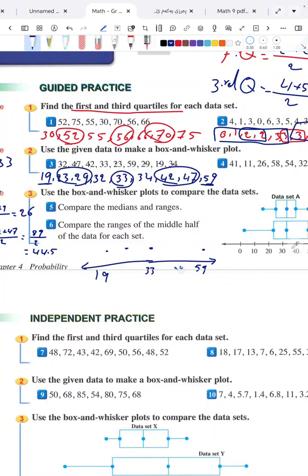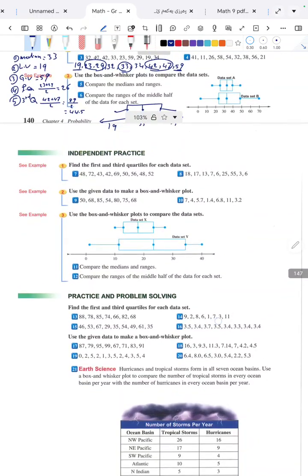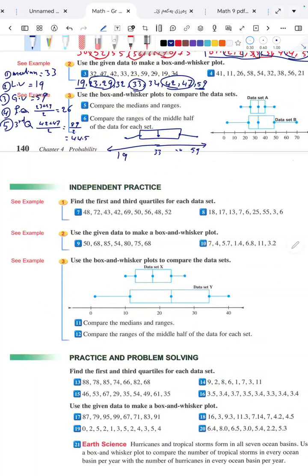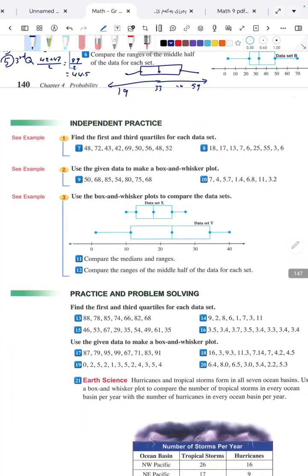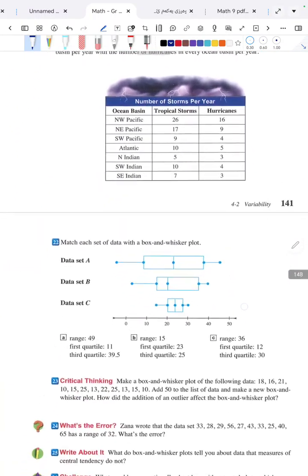So for this one it's a box. Here is the median and it's whisker. Okay, and same thing for question 9 and 10. You have to draw box and whisker plot. For question 3, as you can see, the median of x is less than the median of y.